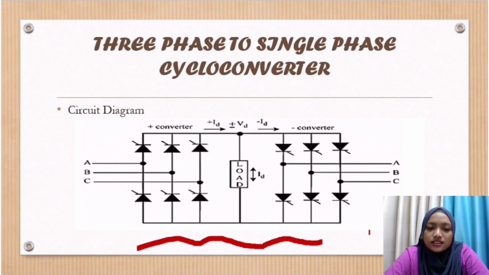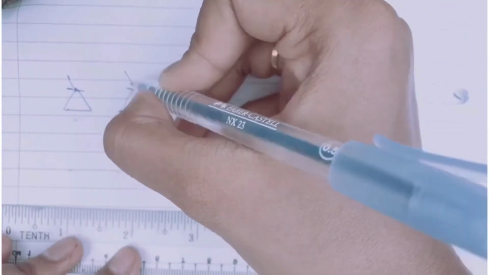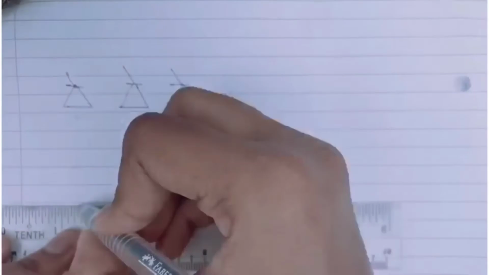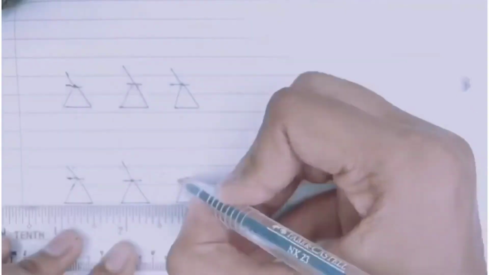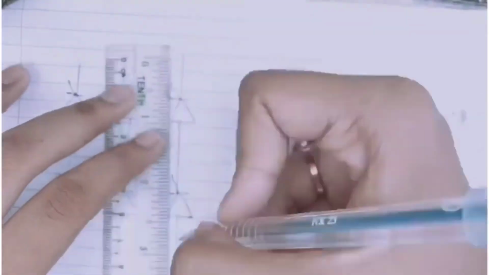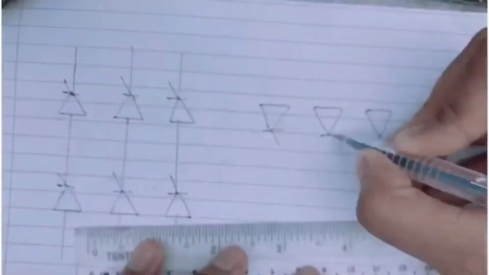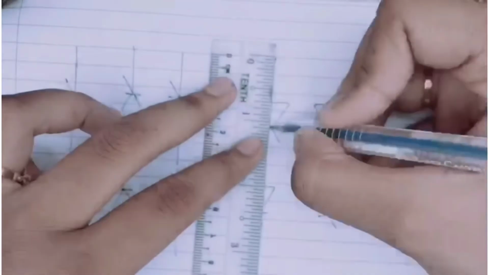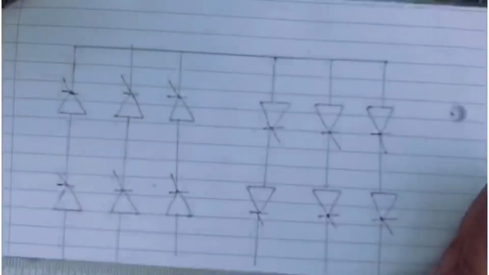This is the circuit diagram for the three-phase to single-phase cycloconverter. Now I want to invite you all to draw the circuit diagram together. Let's begin. First, draw three pairs of SCRs. Next, draw three more pairs of SCRs near this side, but with the SCRs pointing down.